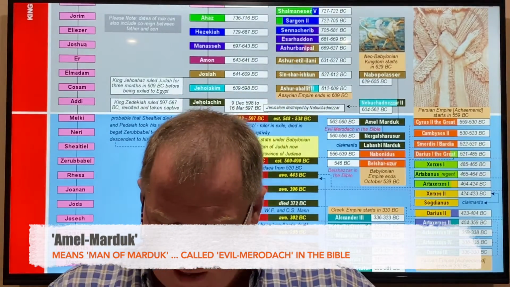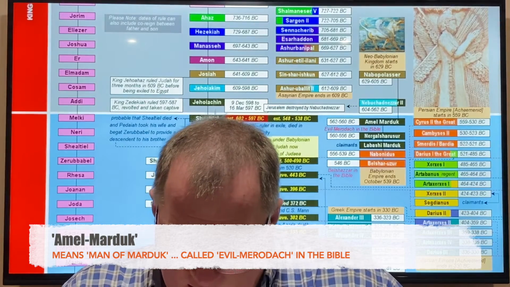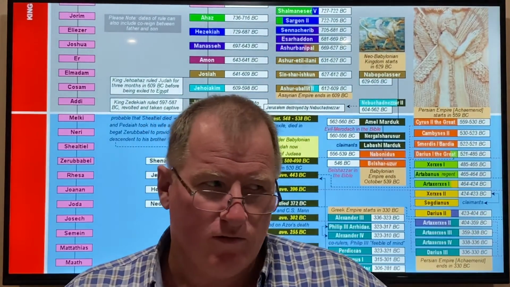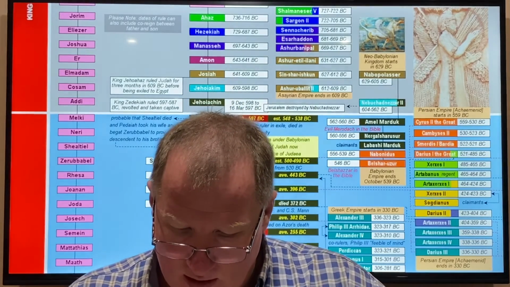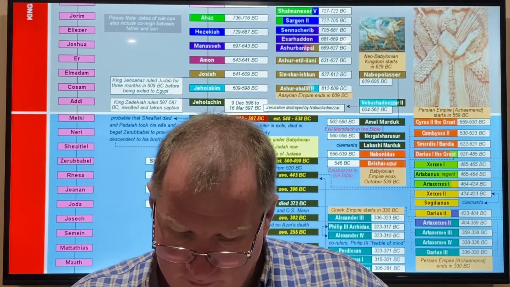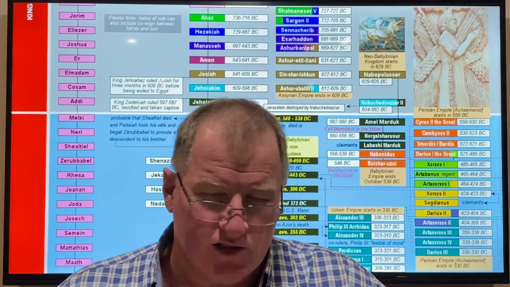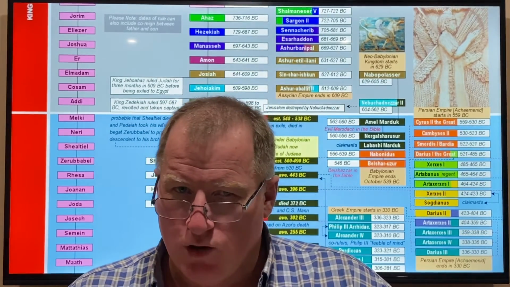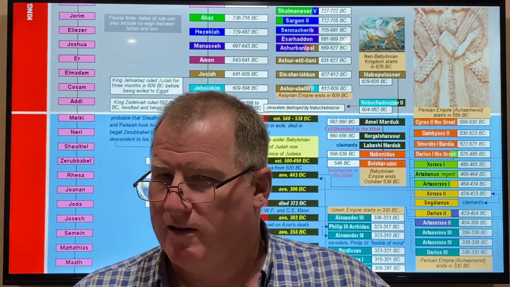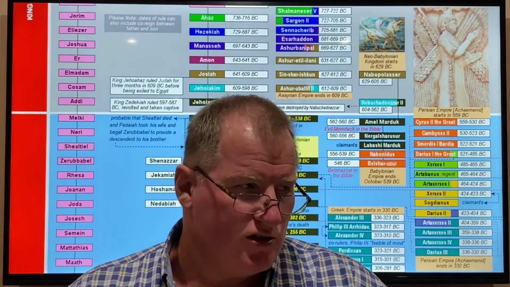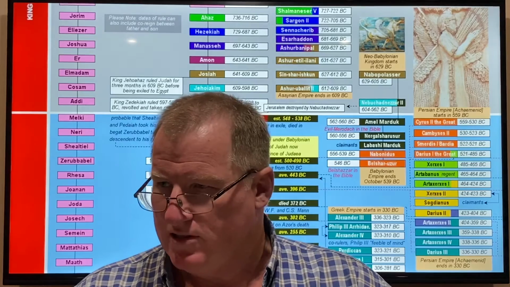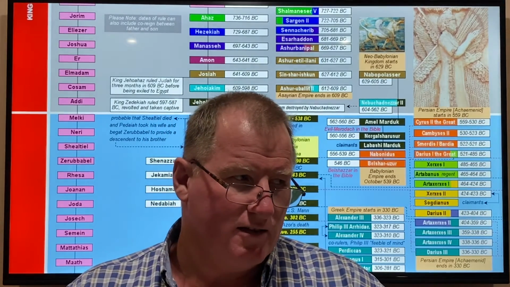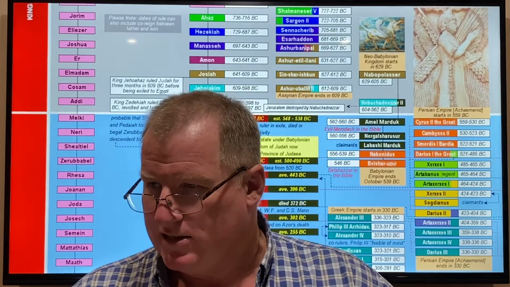And so this is what they did. They honoured him with this name. And the name actually means a man of Marduk. The reason that we've had a look at this is because we come across a scripture in the book of Jeremiah, which I'll come to in a moment, which made me wonder, why was King Jehoiachin, who was in prison, suddenly released from prison in his later years to enjoy dining at the king's table?